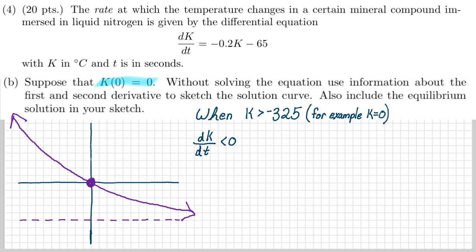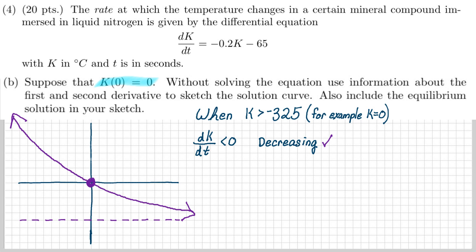I could think of just plugging any number greater than negative 325 into dk/dt, into my differential equation. If I plug 0 in, then the derivative is negative 65. So the derivative is negative. So what does that mean? The graph is decreasing. All right? So I at least got the direction that the curve is going correct.